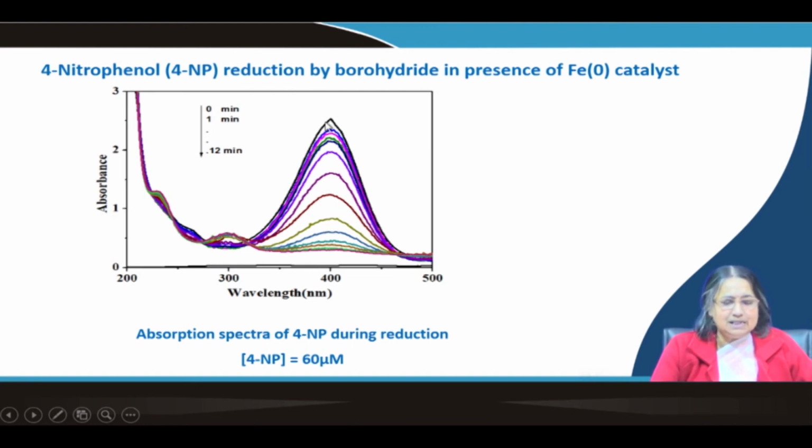How with time this peak is going down is important for our kinetic analysis. So, we have started the reaction, we are measuring the absorption spectra, and we are getting different absorbance values at this wavelength at different times. We have noted down the absorbance values of the nitrophenolate ion at different times.